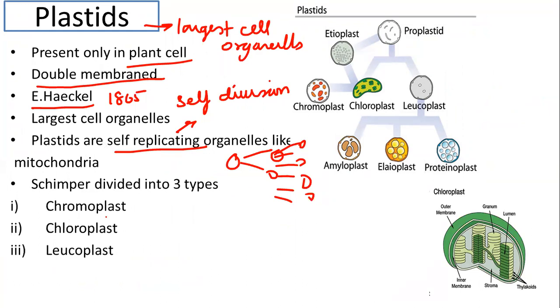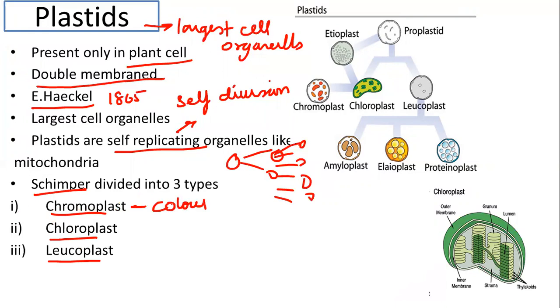There was a scientist named Schimper who gave the types of plastid. He found three types of plastids: chromoplast, chloroplast, and leucoplast. Chromo means color.